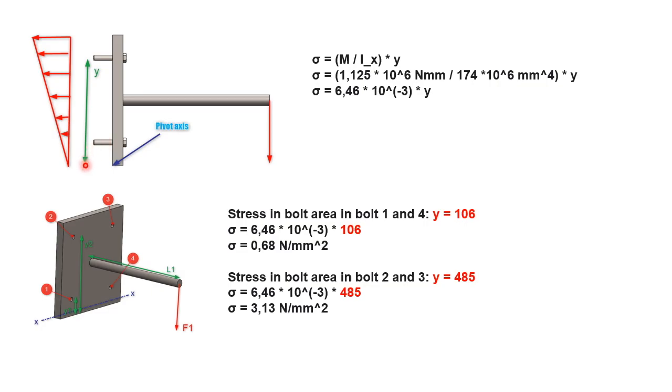As you see, again, the y here is the distance from the pivot axis up to the position of the stressed area, and the stress will grow as you have a longer length y.